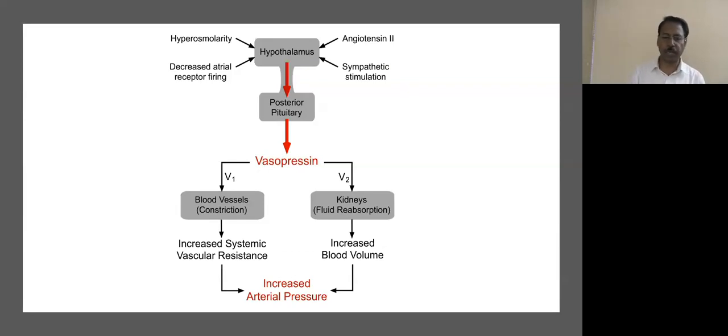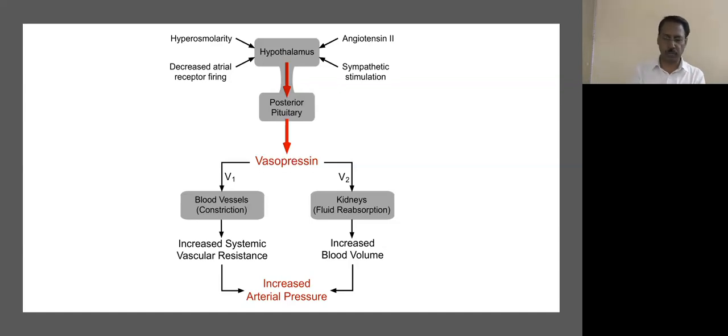In response, the hypothalamus, through the posterior pituitary, secretes vasopressin, and vasopressin acts through V1 and V2, with V1 acting on the blood vessels, causing increased systemic vascular resistance, and V2 being involved in the plasma volume. So you have the volume on one side, and the tone of the vascular muscles on the other. All those maintain an appropriate amount of pressure in the arterial system, which is very important to ensure that the blood reaches every cell.